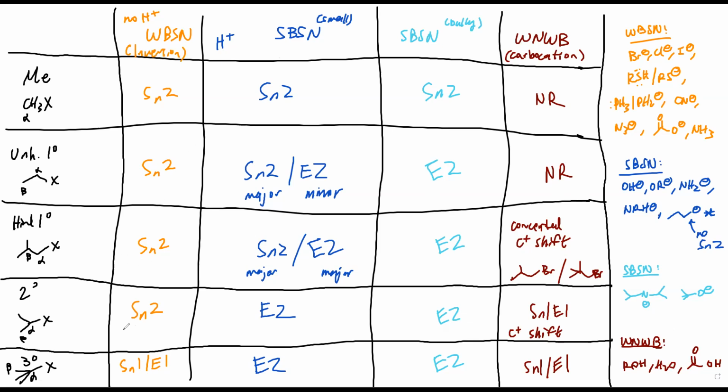On secondary centers, there's definitely going to be an inversion that can take place. You really wouldn't see it for any of these guys because they're not chiral. Remember, SN1, E1 is going to be more like racemic, possibly. Just like these guys here, probably going to be racemic.